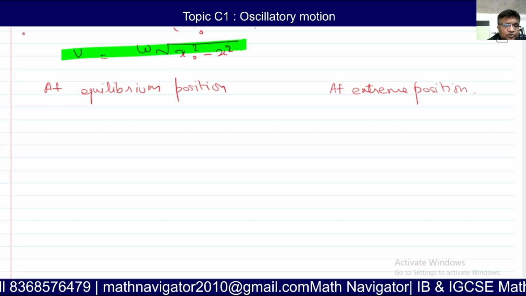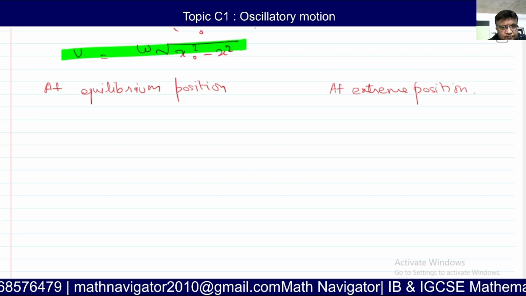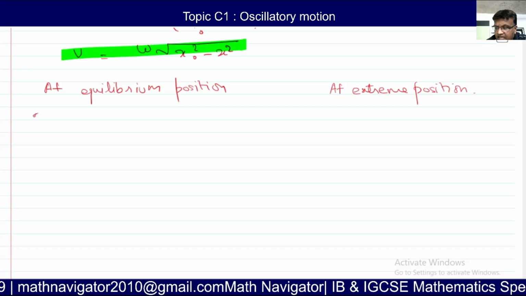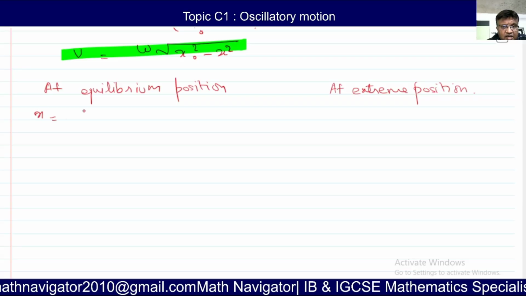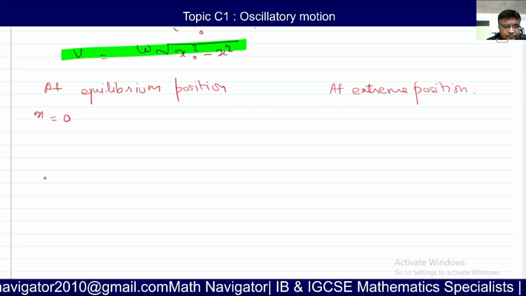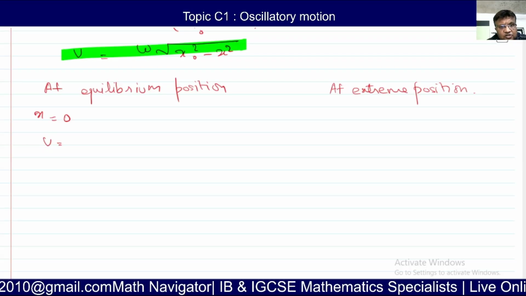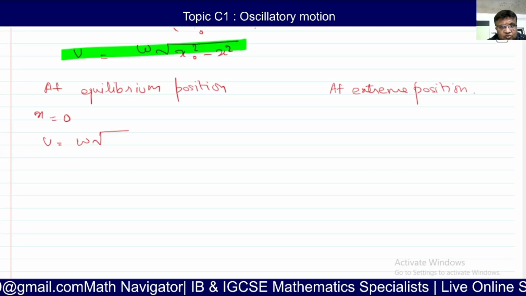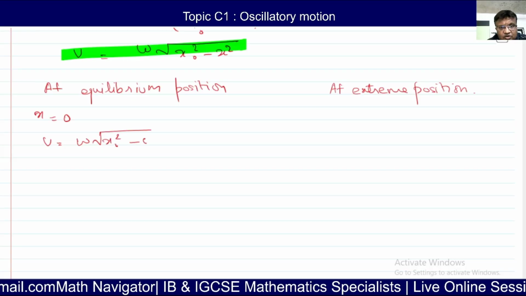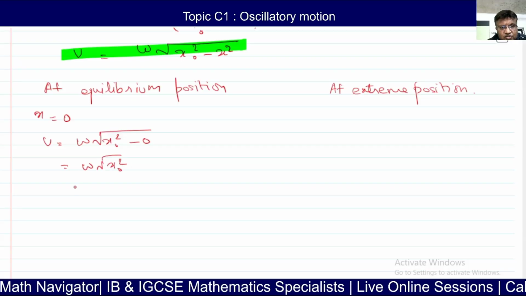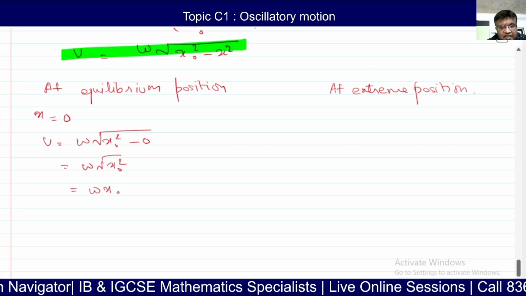At equilibrium position, my x is equal to 0. So v is equal to omega under root of x naught squared minus 0, which is omega under root of x naught squared, which is omega x naught.